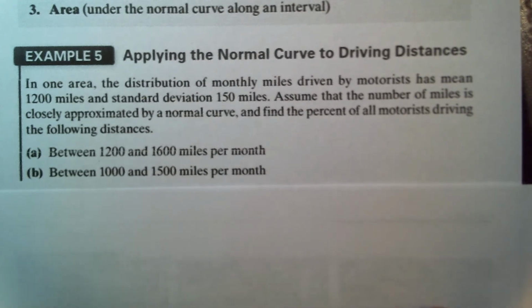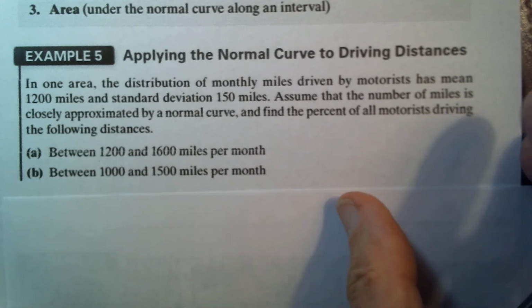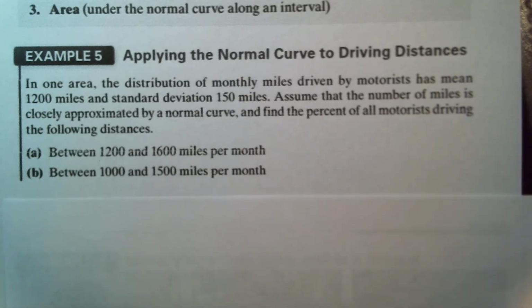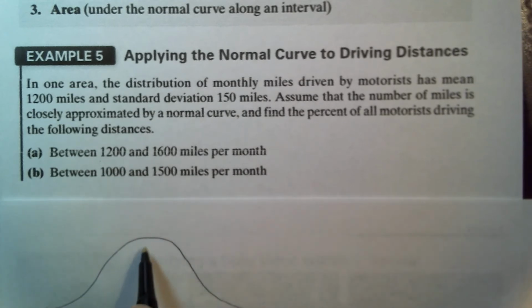A good way to start this particular exercise is to graph a distribution. And since we're told it's approximately normally distributed, we graph a normal distribution. And we are told that the mean is at 1,200 and the standard deviation is 150 miles.